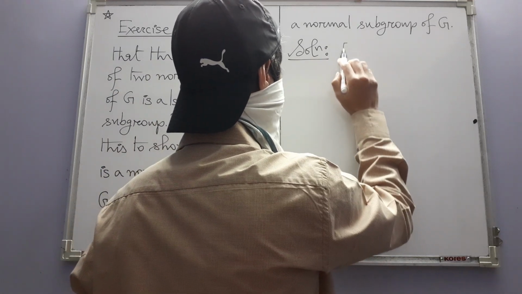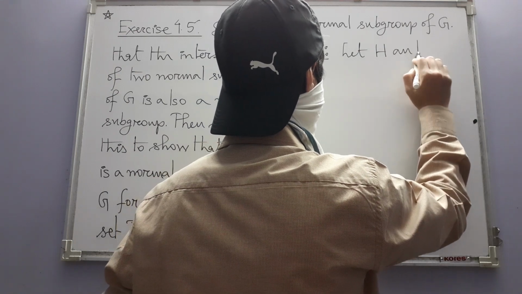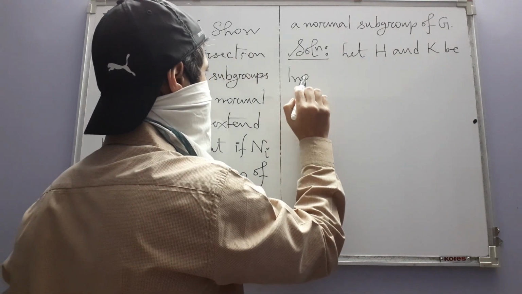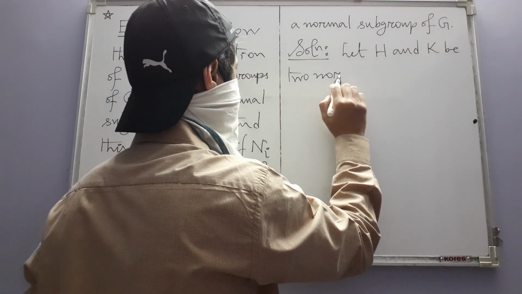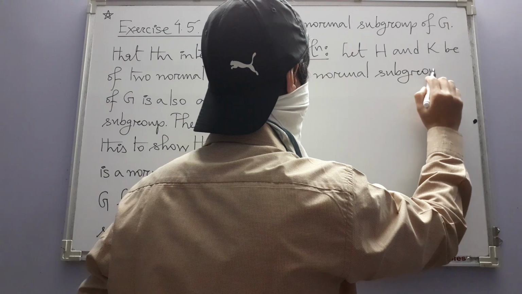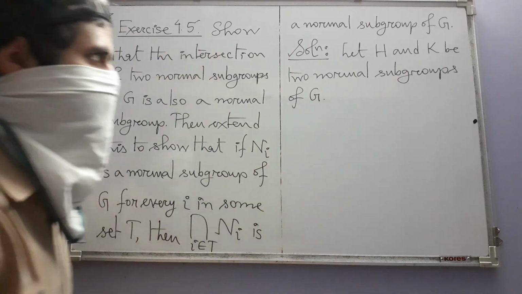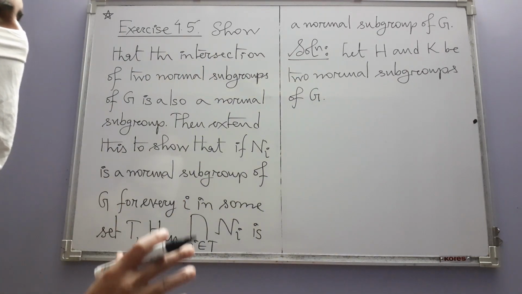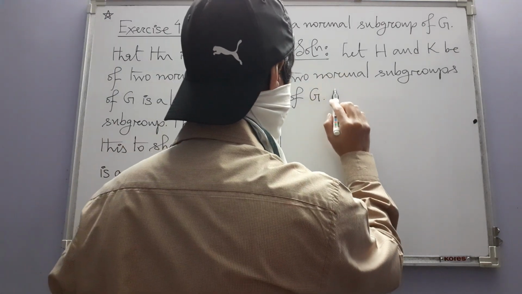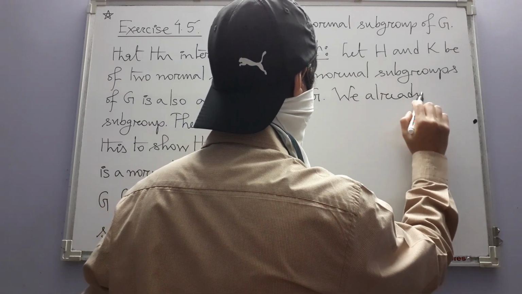Solution: let H and K be two normal subgroups of our group G. We need to prove that H intersection K is also a normal subgroup of G. Now we already know something.